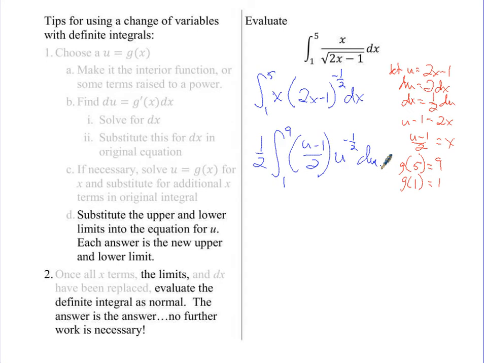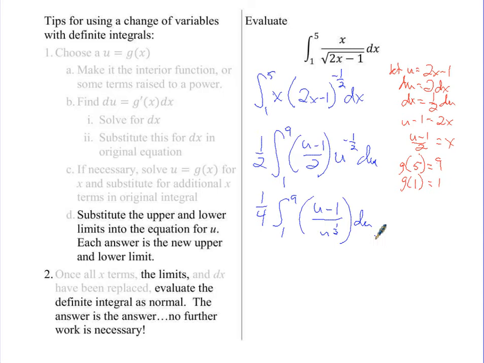You can take out this 1/2 here. So I'm actually going to rewrite all of this. Then u to the negative 1/2 can go into the denominator. The 1/2 here can come out front. So now I have 1/4 integral 1 to 9 of u minus 1 over u to the 1/2 du.